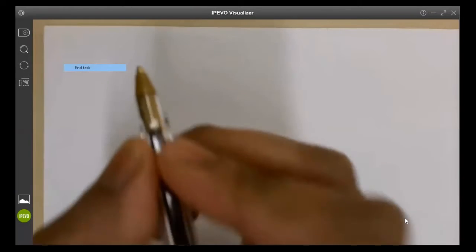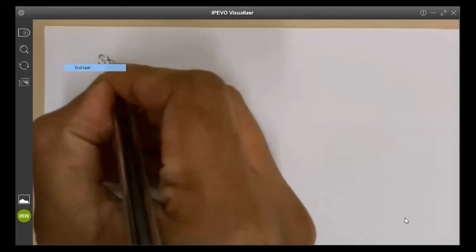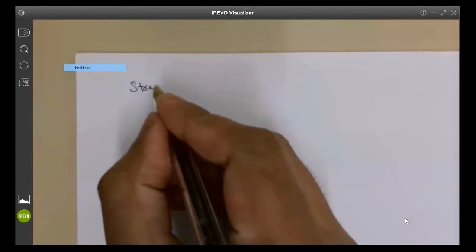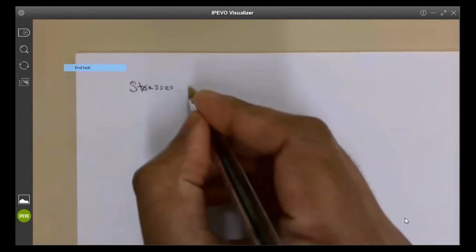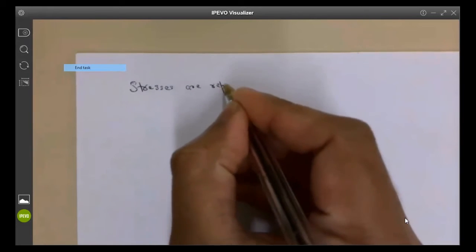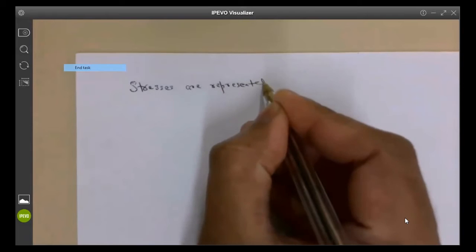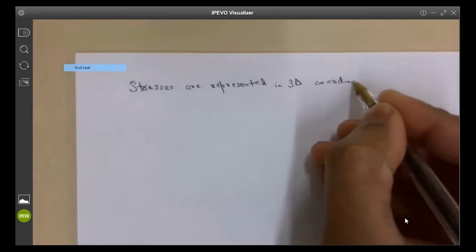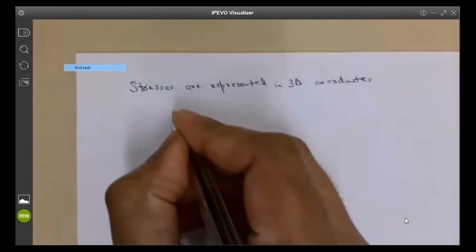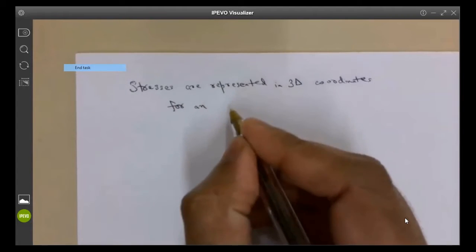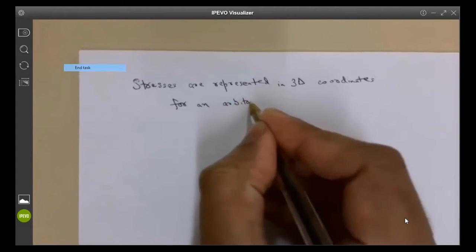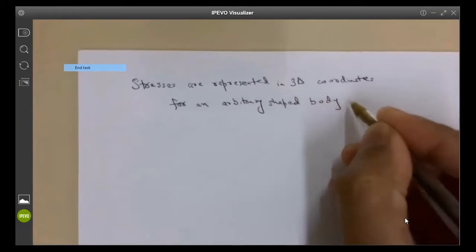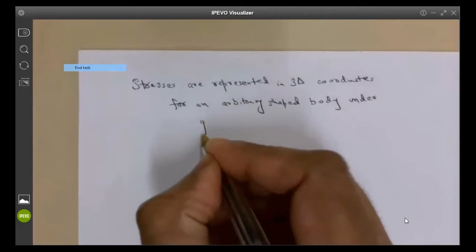What we have learned so far is that the stresses are represented in 3D coordinates first, for an arbitrary shaped body under general loading conditions.